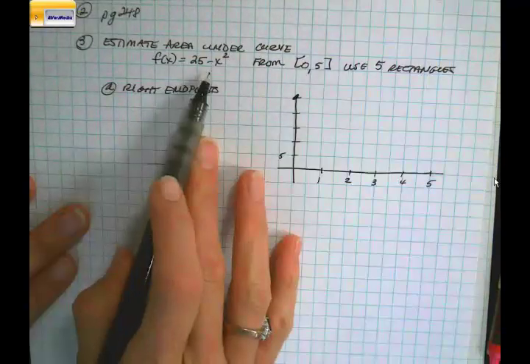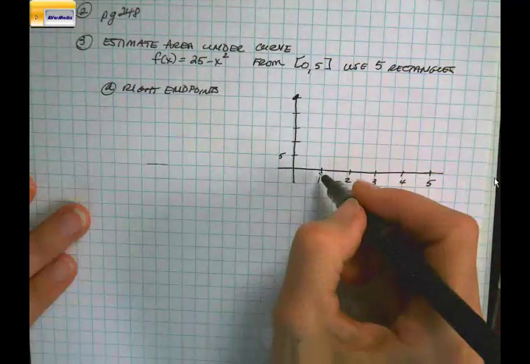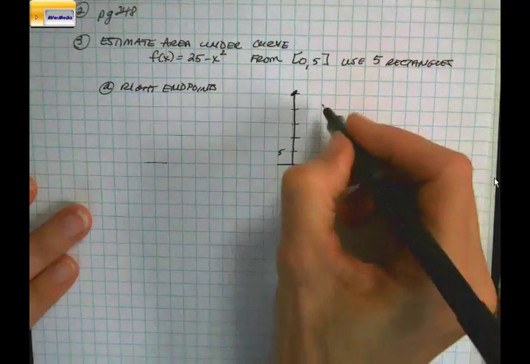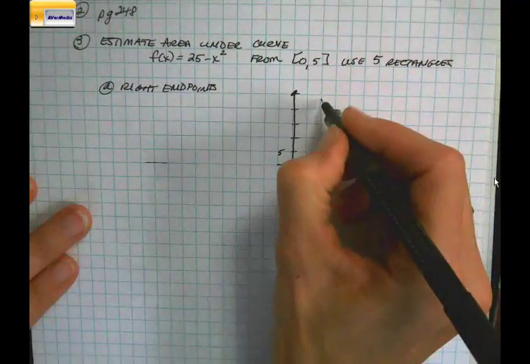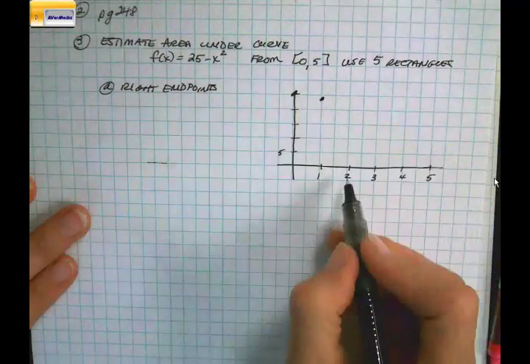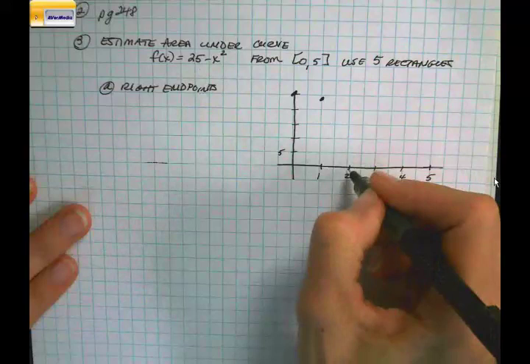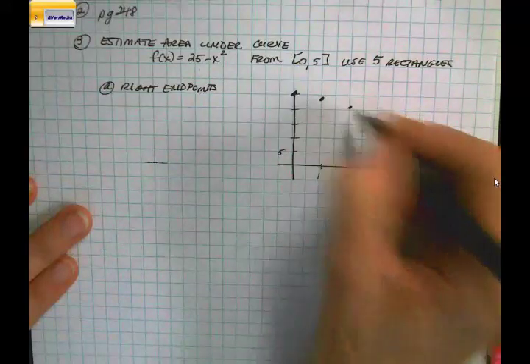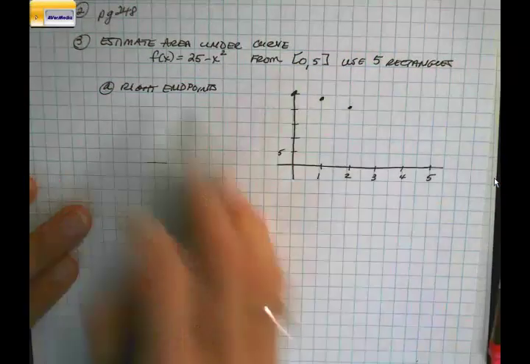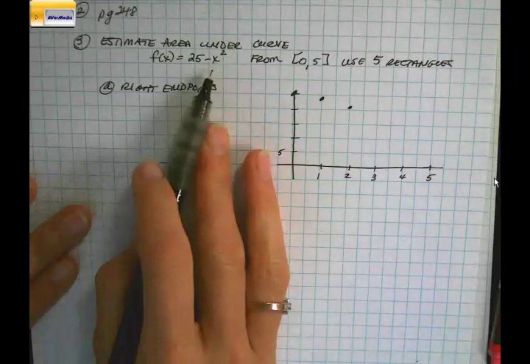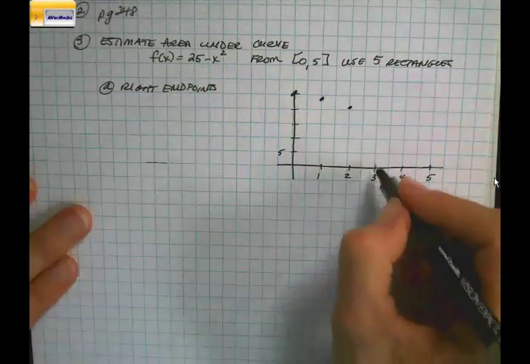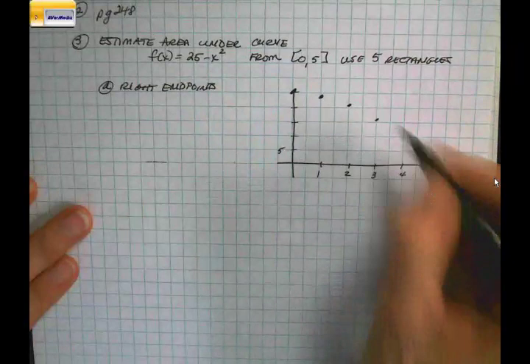At 1, 25 minus 1 squared is a height of 24. It barely dropped. Okay, like right here. At 2, 25 minus 2 squared is 25 minus 4, which is 21, which is about right there. Then at 3, 25 minus 3 squared is 25 minus 9, which is 16.